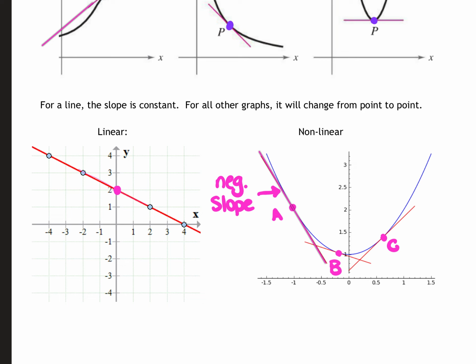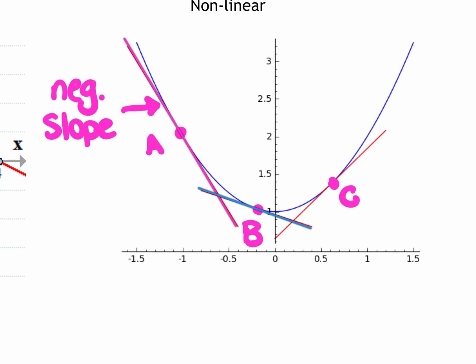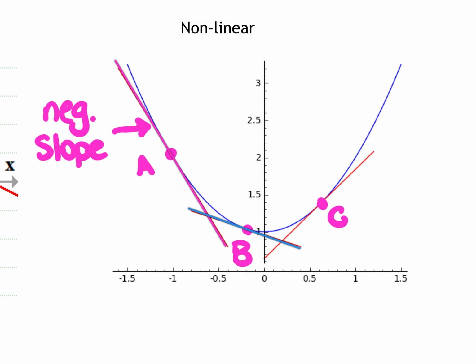If I look at the second line here, at point B, let's look at that slope. I'm going to zoom in just a little bit so we can see that a little bit better. That line still has a negative slope, but it's a little bit closer to horizontal.